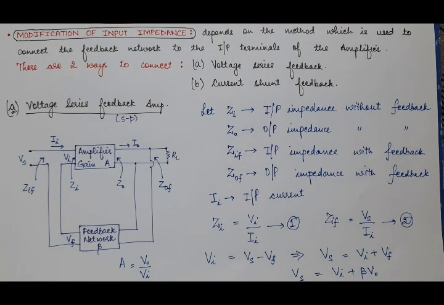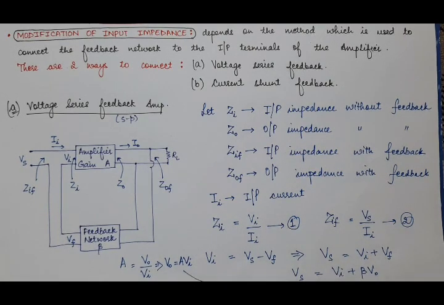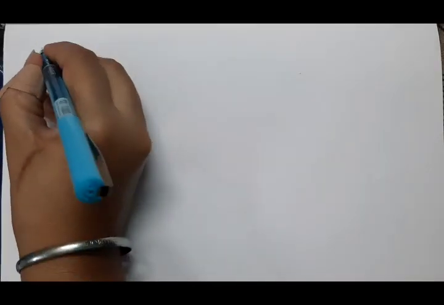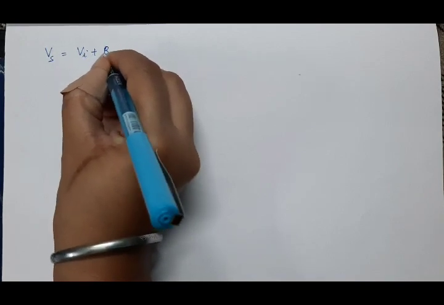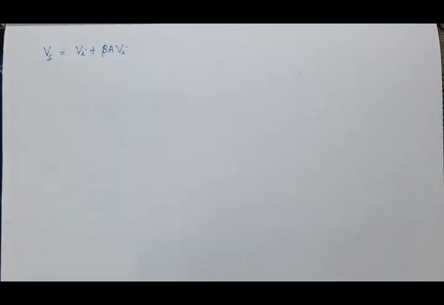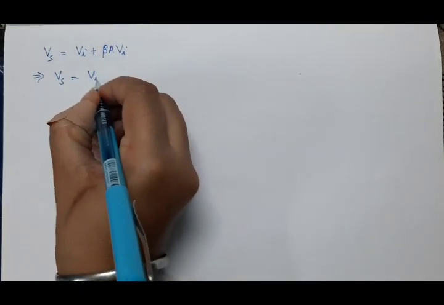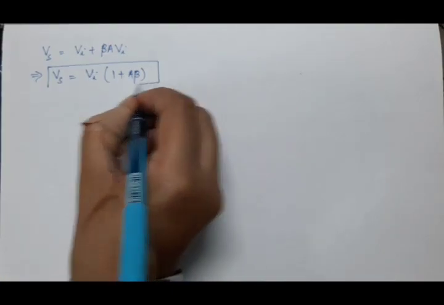So the value of Vo is A Vi. Put this value of Vo in this equation, so Vs is equal to Vi plus beta A Vi. Take Vi common and we have Vi into 1 plus A beta. This is the value of Vs.